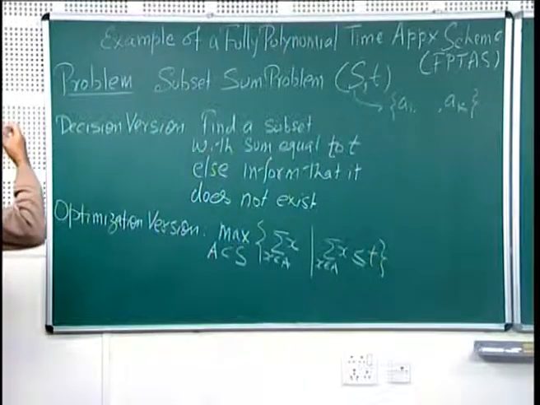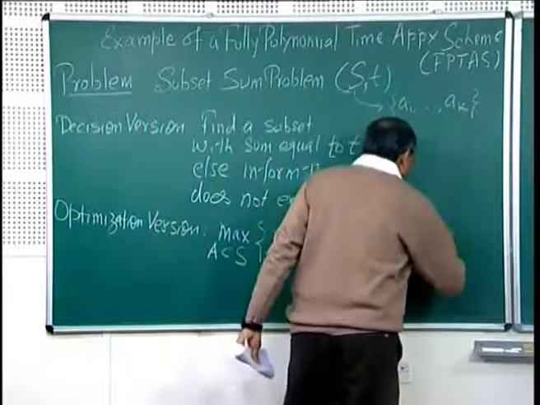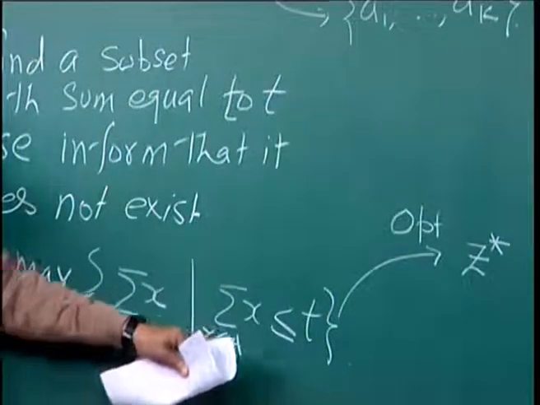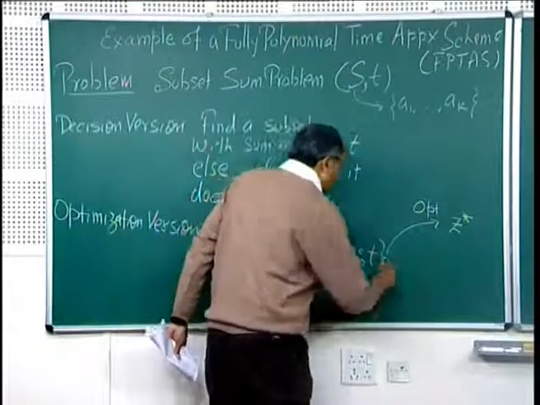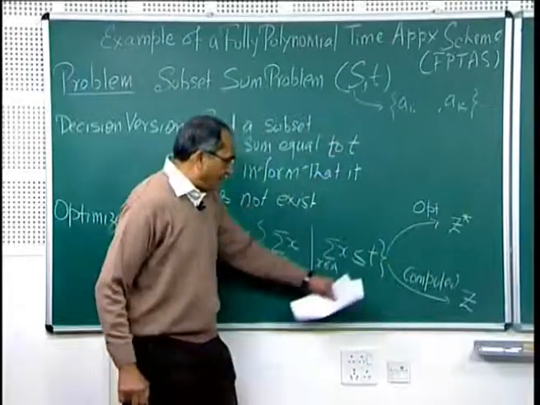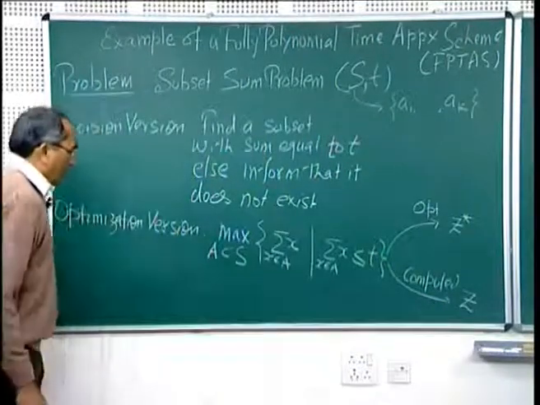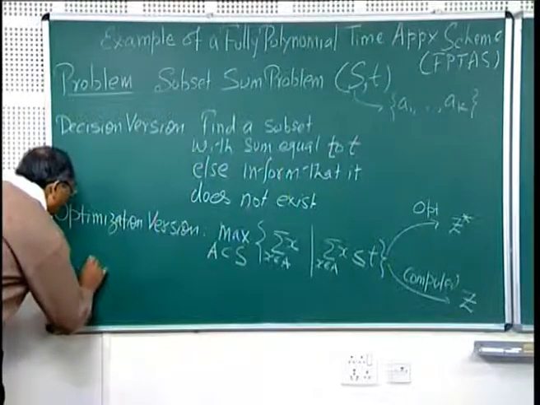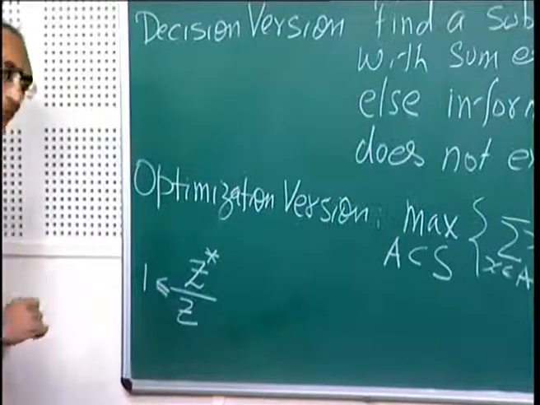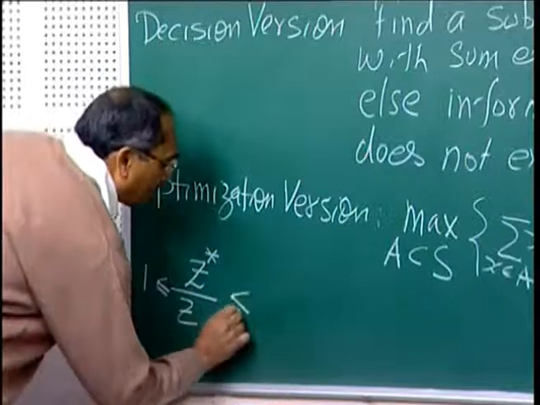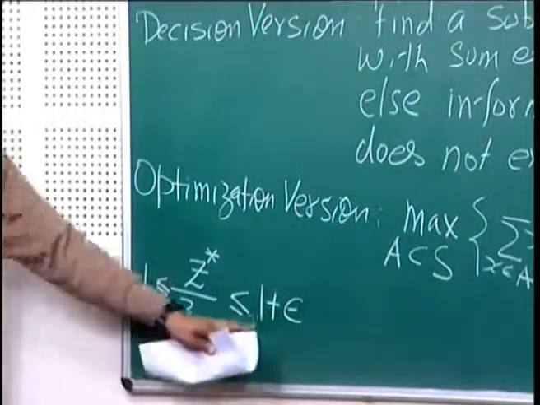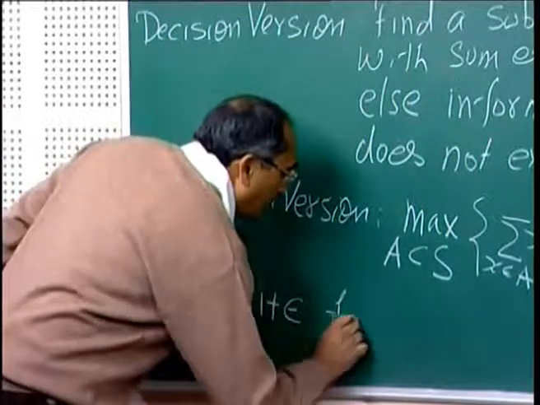So, suppose the optimum value, that is the largest subset sum less than or equal to t, is denoted by Z star, and the computed value through the approximation scheme that we will discuss is Z. Then we are going to show that Z star divided by Z, which we know clearly has to be greater than or equal to 1, can be bounded above by 1 plus epsilon, for any choice of epsilon less than or equal to 1.